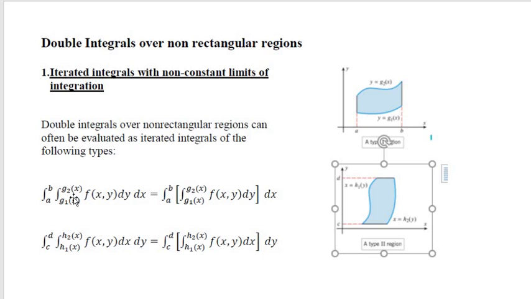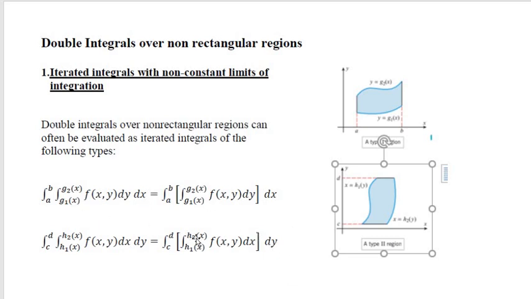Here, in the case of type 1 region, outer integral limits are constant and inner integral limits are not constant. Inner integral limits are limits of y, so first integrate with respect to y and then with respect to x. But in the case of type 2 region, inner integral limits are limits of x and outer integral limits are limits of y, so first integrate with respect to x and then with respect to y.